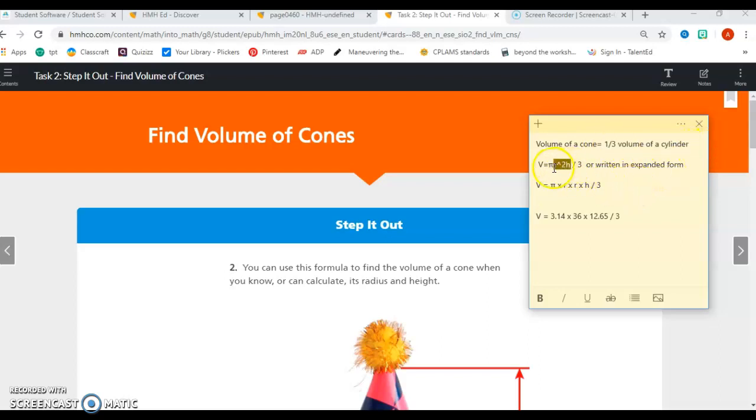We know that the volume of a cylinder is pi radius squared times the height, but now we're simply going to take pi radius squared times the height and divide it by 3. So if I were to write this in expanded form, it'll be written out to be pi times radius times radius, because that's radius squared, times height divided by 3.